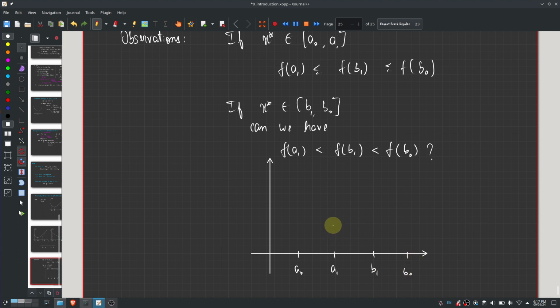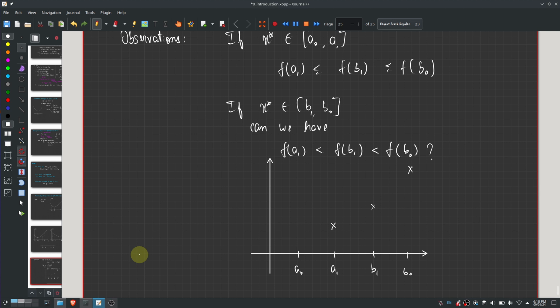Essentially what I'm saying is I evaluate the function at these 3 points. I have, say, f of a1, f of b1 and f of b0. Is it possible that the minimum lies between b1 and b0 if the function is convex?